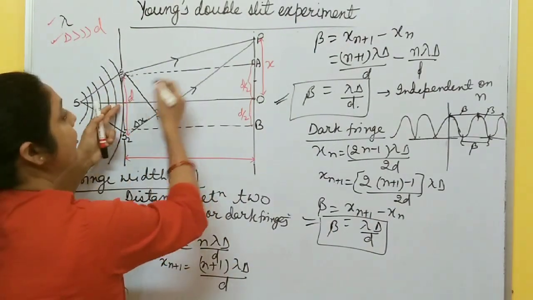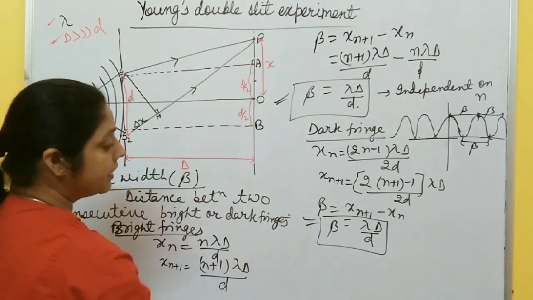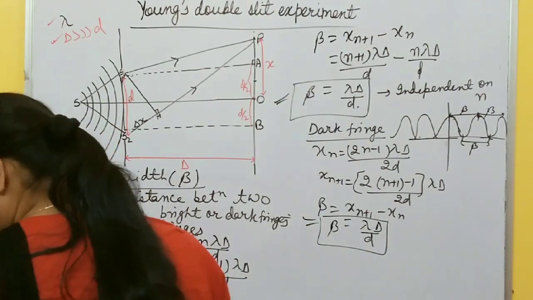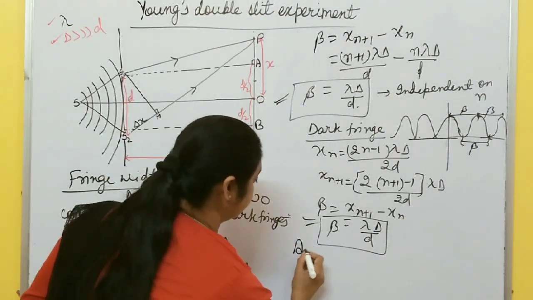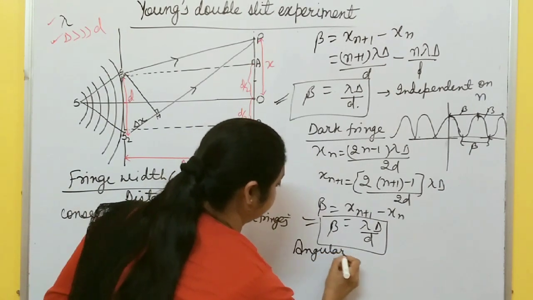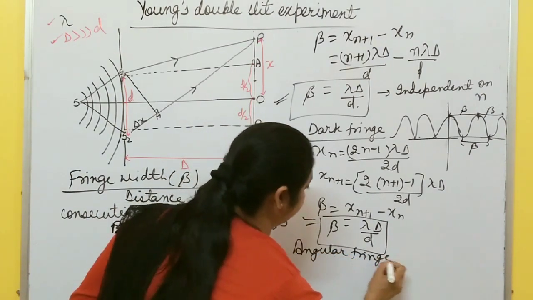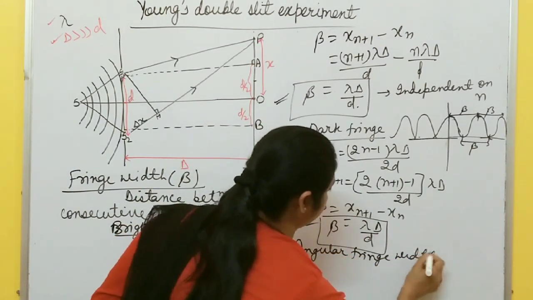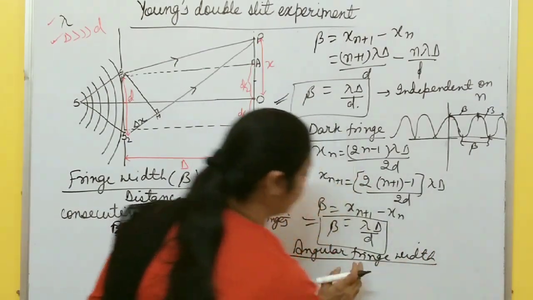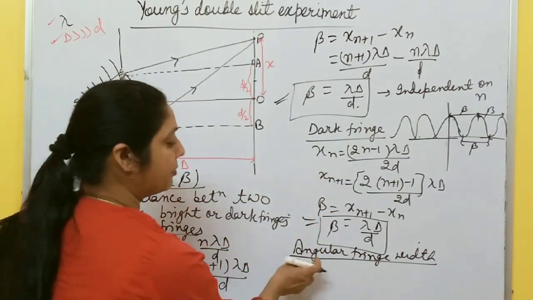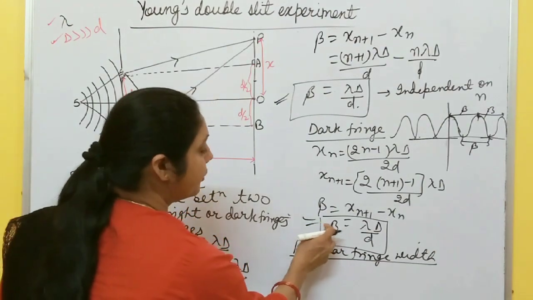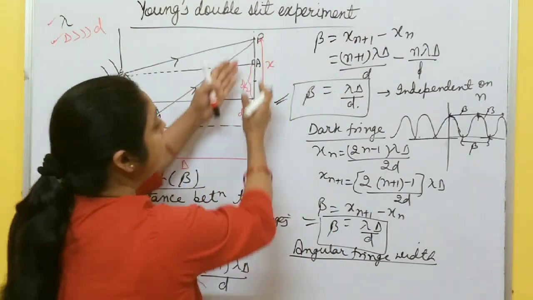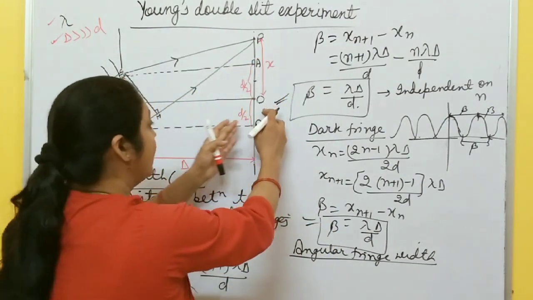If we are asked for the angular fringe width, then what is the expression for angular fringe width? Actually, generally questions do not come from this topic, but still you must know the formula. This is the formula for linear fringe width, the linear distance from the center of the screen.